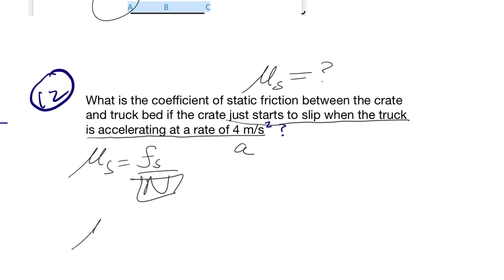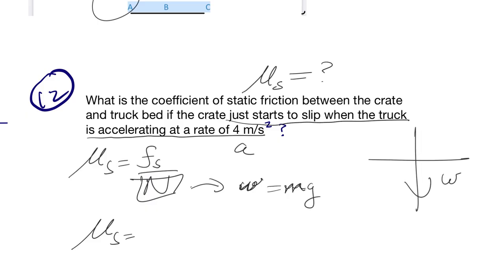Well, the normal force is equal to the weight, which is equal to mg. I drew the picture. Here's the weight, here's the normal force, and they equal each other. And there's the friction, the maximum static friction.